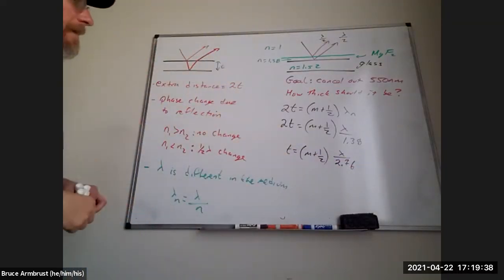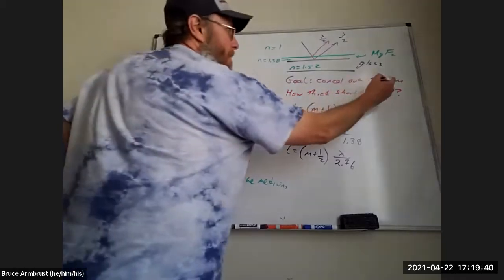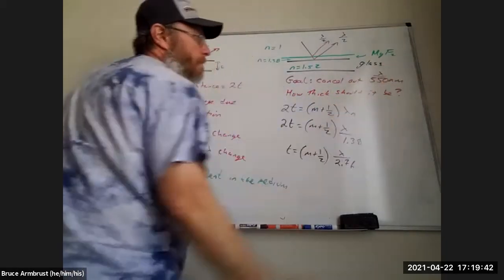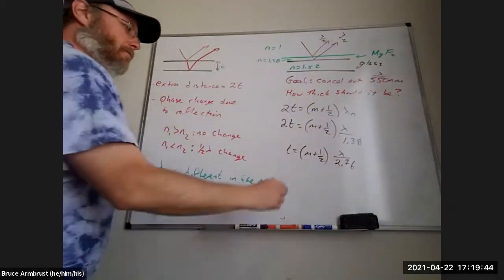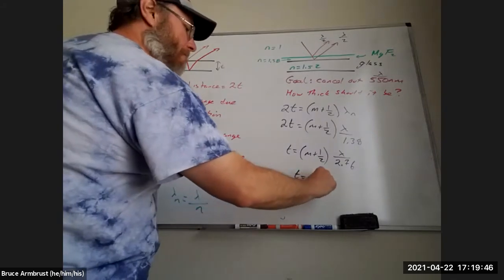And that lambda is the lambda that we're trying to cancel out, so we'll put that 550 in there.